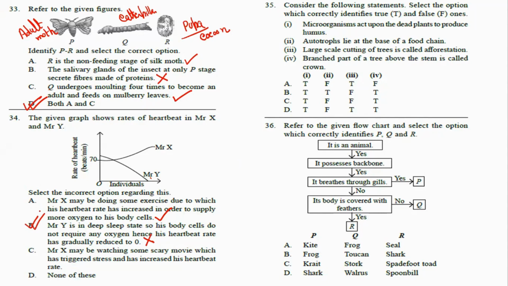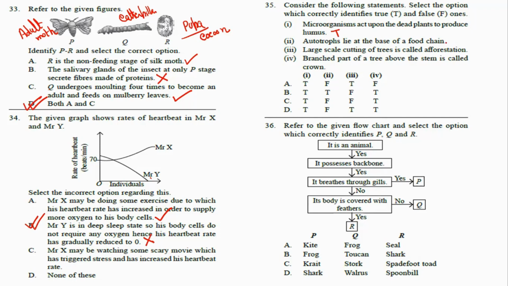Now we come to question number 35. Question number 35 says, consider the following statements, select the option which correctly identifies true and false. So let's see. Microorganisms can act upon dead plants to produce manure. This is correct because microorganisms are the decomposers, right? So this is true. Autotrophs lie at the base of the food chain.